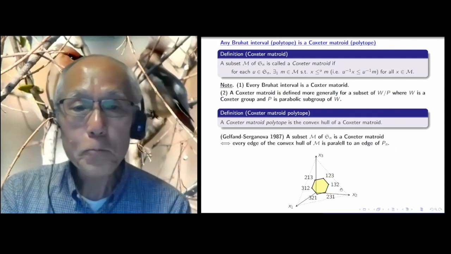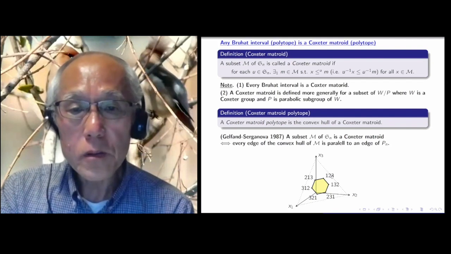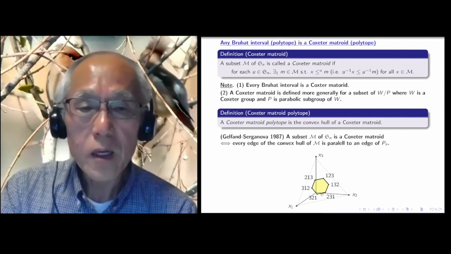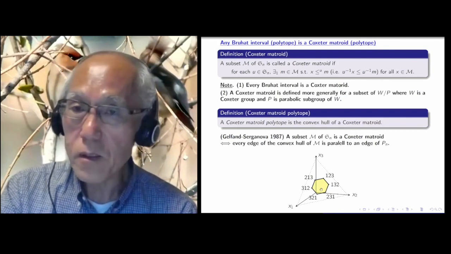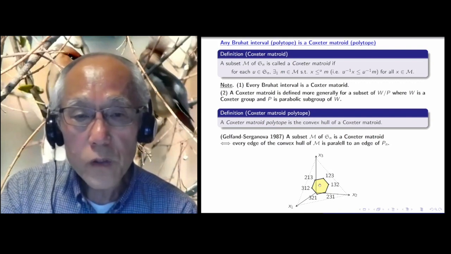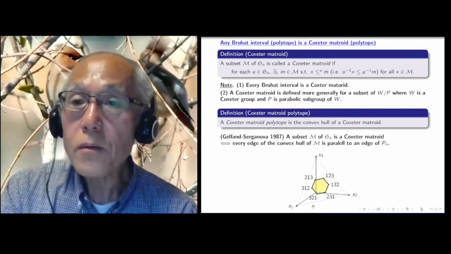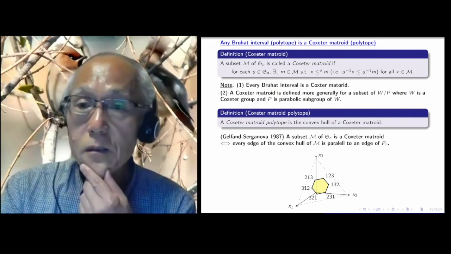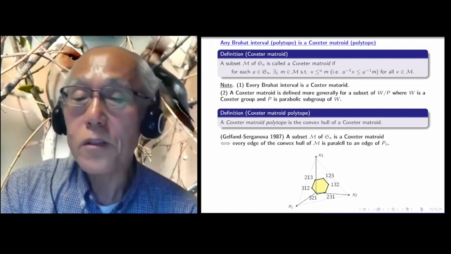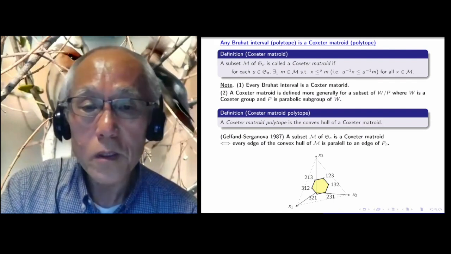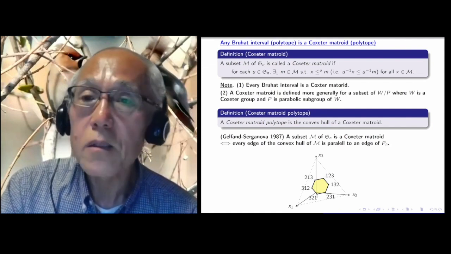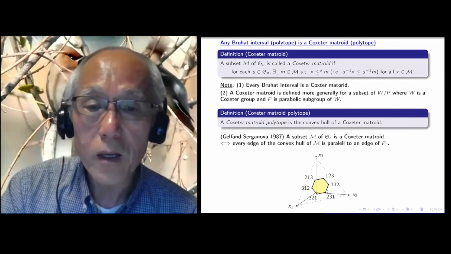For instance, S3 has 6 elements, and take 1, 2, 3 and 3, 2, 1. The set consisting of these 2 elements is a Coxeter matroid, because if you take the convex hull of these 2 points, you get this edge, and this edge is parallel to this edge of the hexagon.